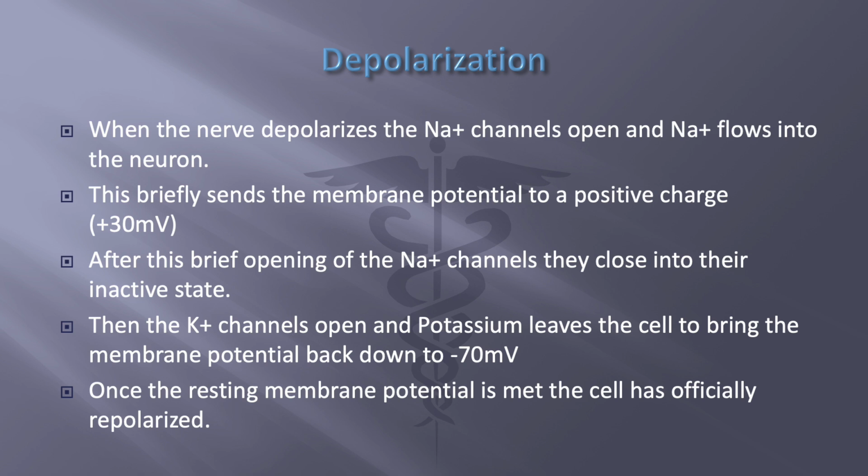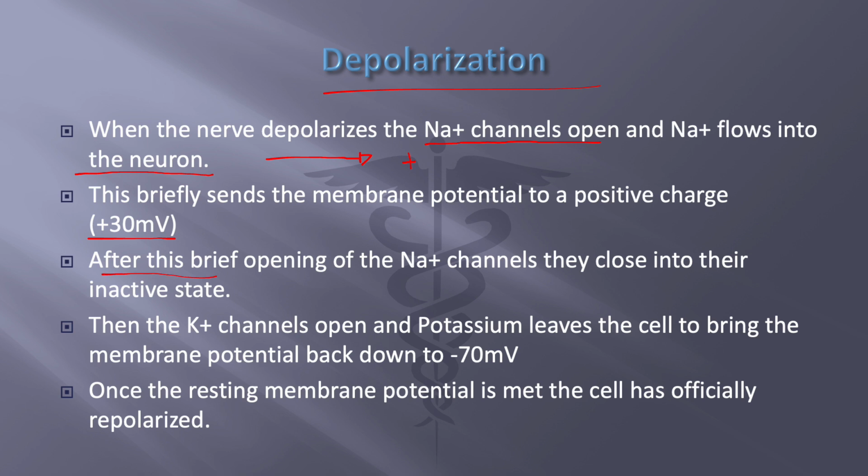So next we depolarize the cell, right? When the nerve depolarizes, sodium channels are going to open. Sodium flows into the neuron, okay? This is going to send the neuron into a positive state. We're raising the charge. All right, this briefly sends the membrane potential to a positive charge, around positive 30 millivolts, okay?